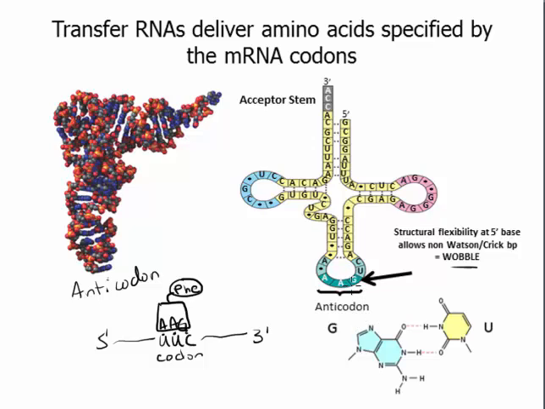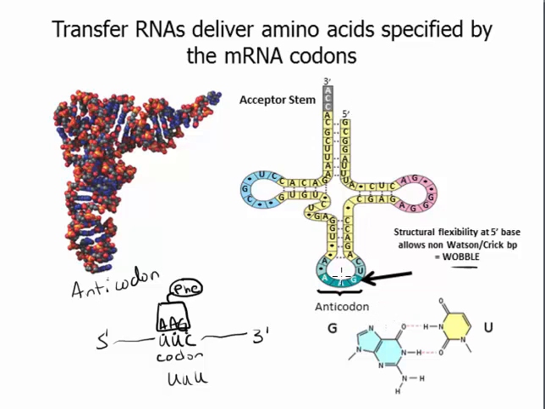So for example, this particular anticodon, AAG, even though we would predict that it would only be able to base pair with UUC, in actual fact, it can also base pair with the sequence UUU, because we can see a non-standard base pair interaction form between guanine and uracil nitrogenous bases because of that flexibility in alignment. And that's all we'll say about wobble, but you should be aware of it. It's an important feature of the interaction of tRNAs and mRNAs.